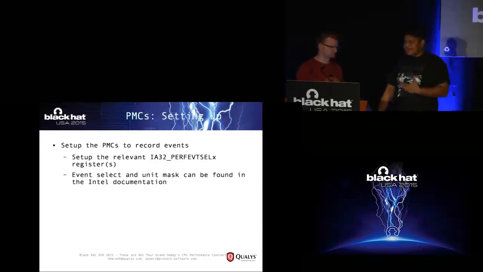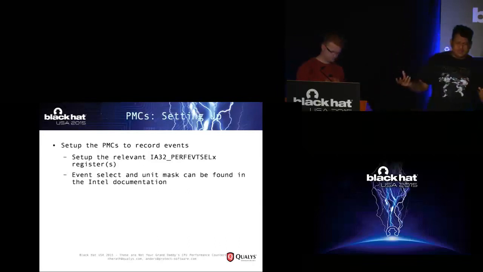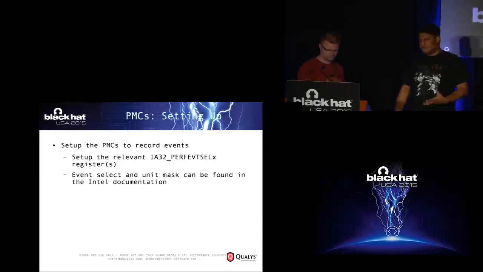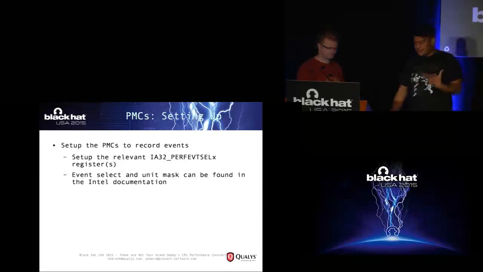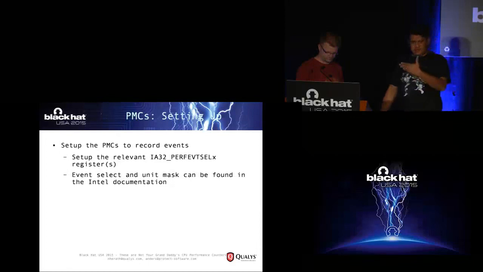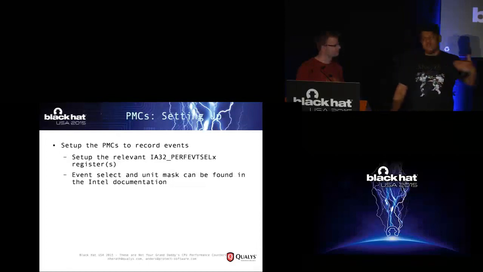You have what is called an event select and a unit mask, and this is all documented in the Intel documentation. For each event, you figure out what UMask and what event select event ID you want, and then you set it up, and that's how you set up the PMC to detect the event that you want.